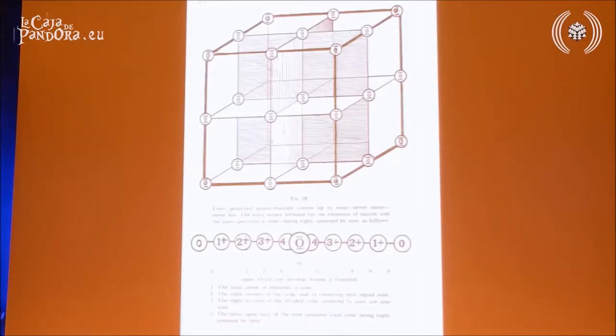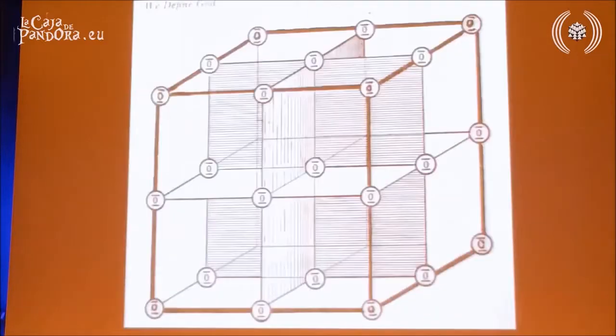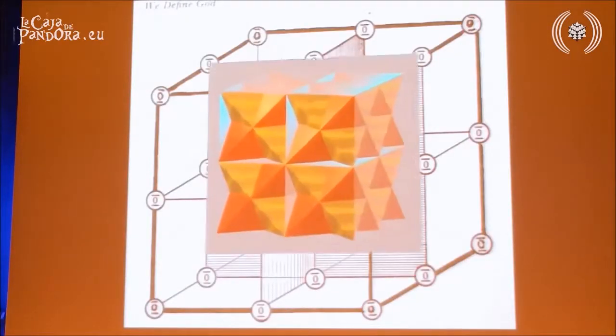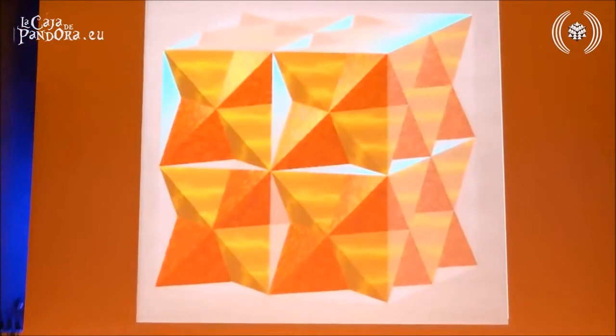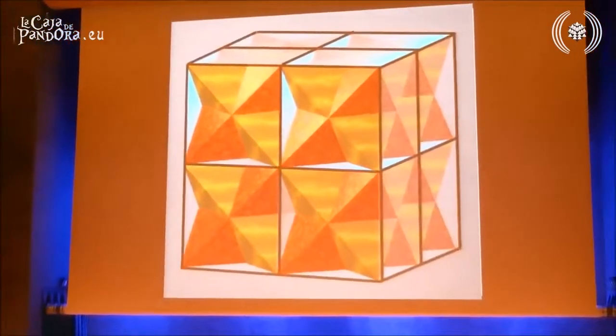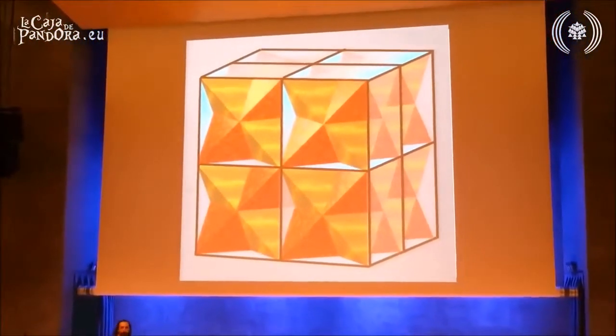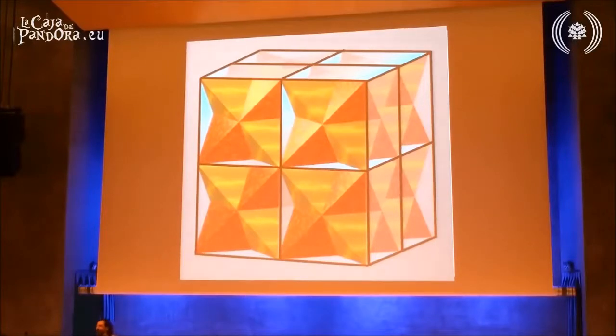But he doesn't say tetrahedron. Now, if you take his grid and you rotate the 64 tetrahedron so it's a cube, sure enough, you got exactly his grid. So the fact that he put that little thing in the corner was very important.